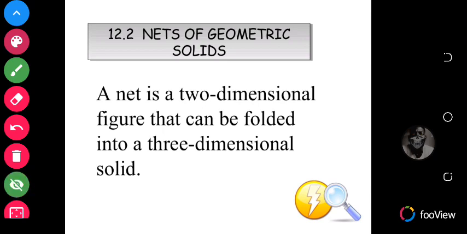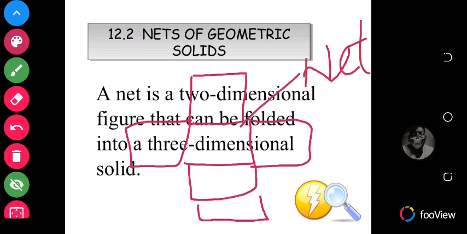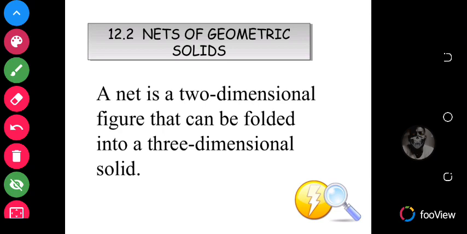When you open up a box, you find that you get something like this, which you can fold to get a box, and this is what we call a net. So this is a net of a geometric solid. It's a two-dimensional figure that can be folded into a three-dimensional solid.